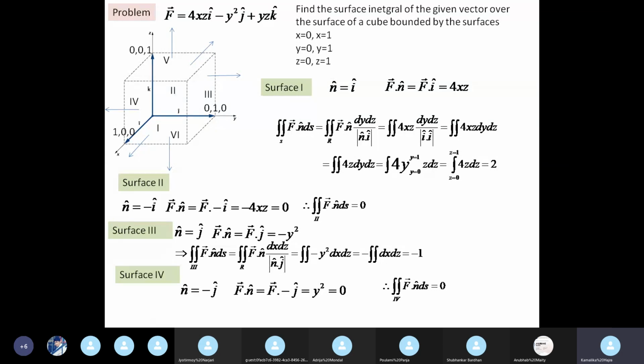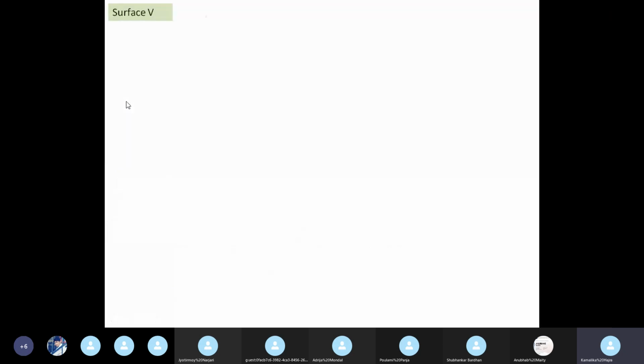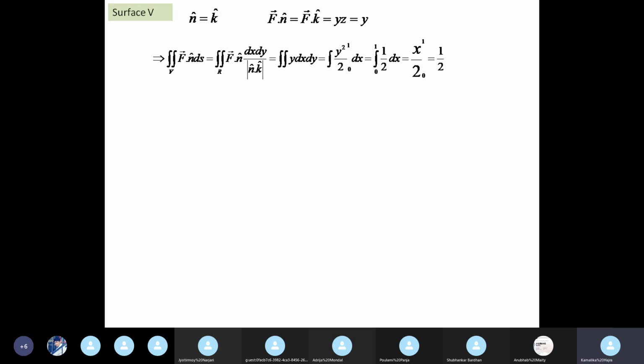I'll go to the next slide. So I have drawn the two normals beforehand. So for surface 5, n cap is k cap. Therefore f dot n cap is f dot k cap, which gives you yz from the expression of f. And at this surface z is equal to 1, so f dot n cap is y.